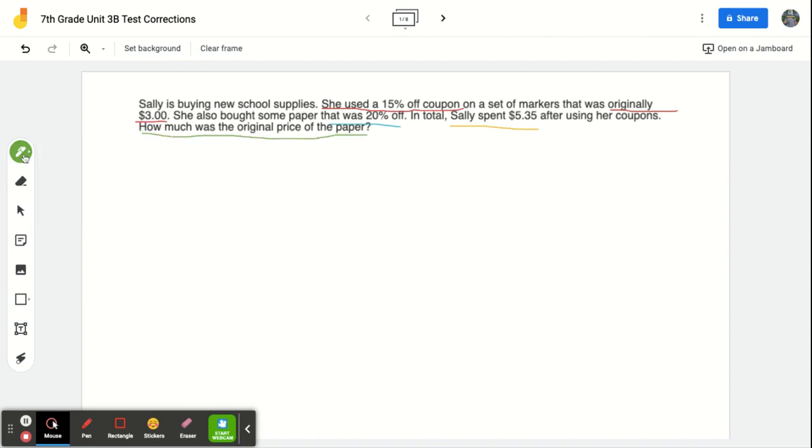The question that we're trying to figure out here is how much was the original price of the paper? So I'll show you a couple of ways to do this, but let's think about how they arrived at the $5.35. In order to get to $5.35, we had to add the price of the markers with the price of the paper.